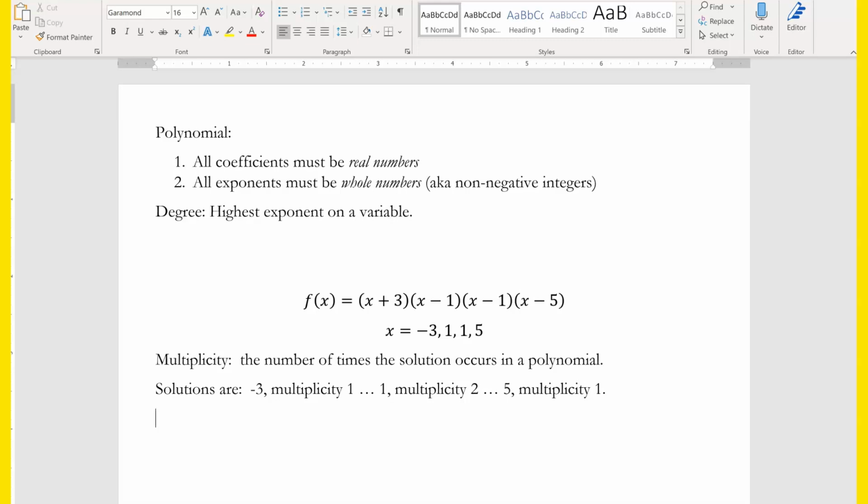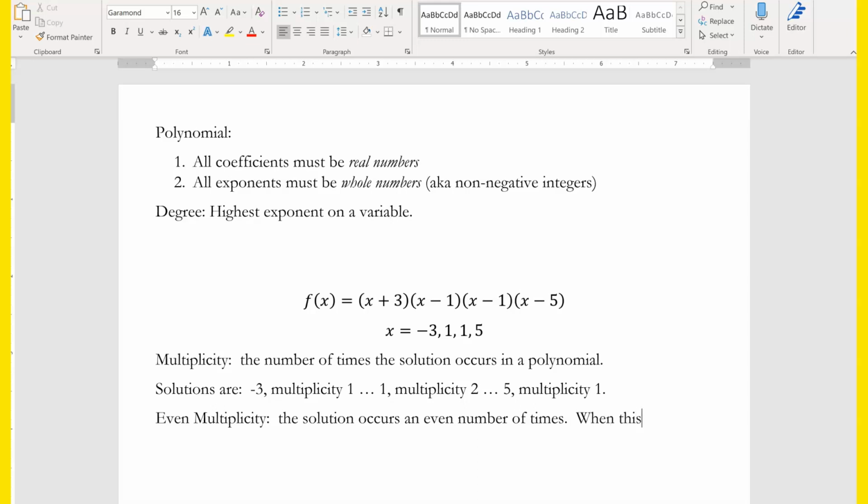So if you have even multiplicity, that means that the solution occurs an even number of times. In this example I've given you, the solution 1 occurs twice. So since that's an even number of times, it would have even multiplicity.